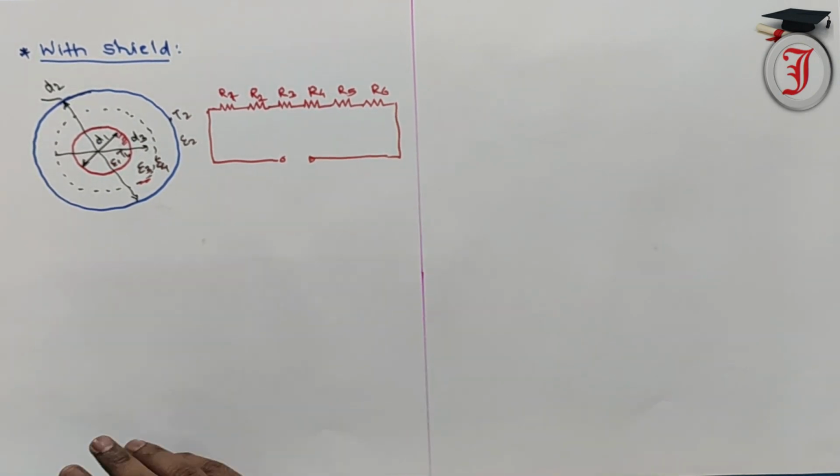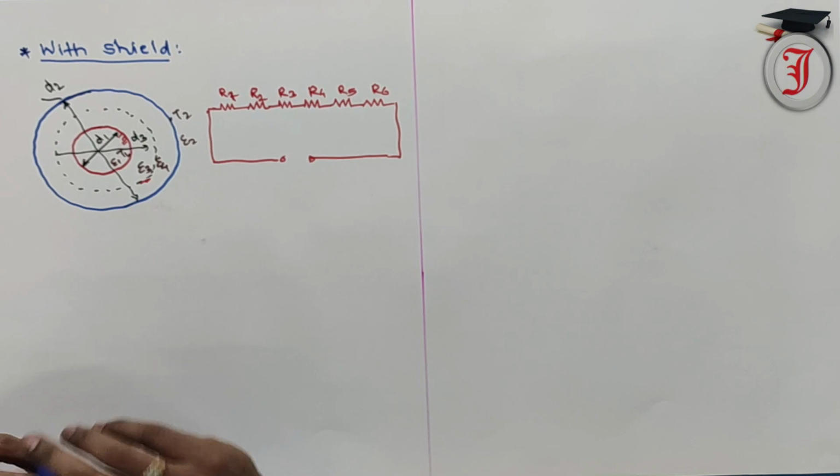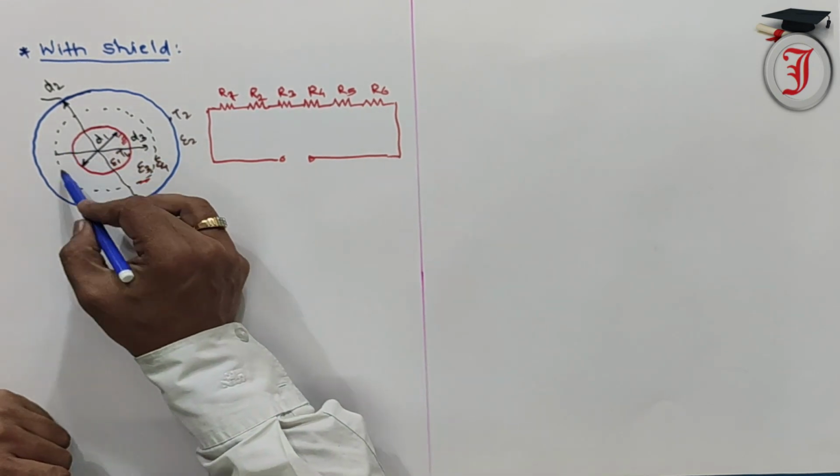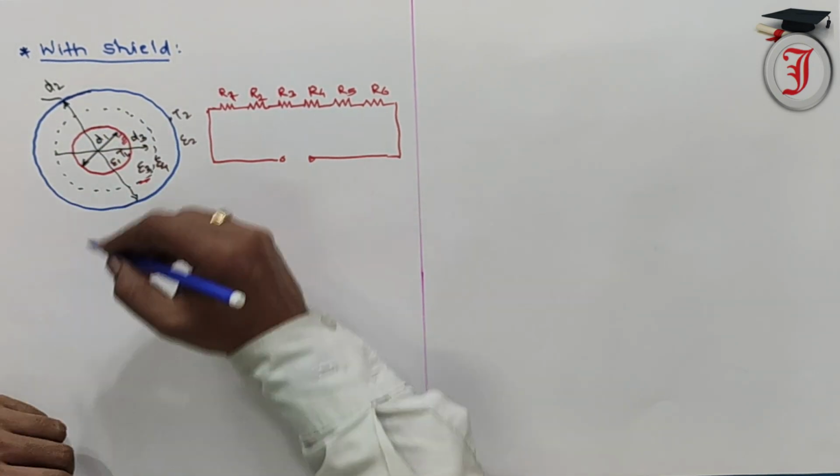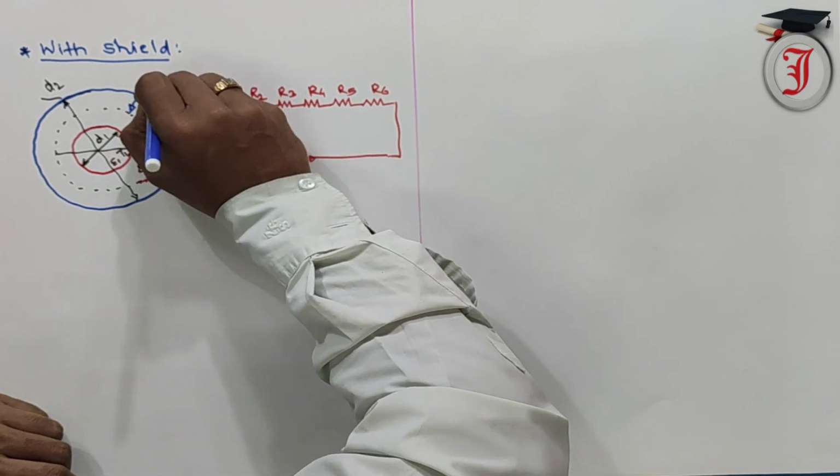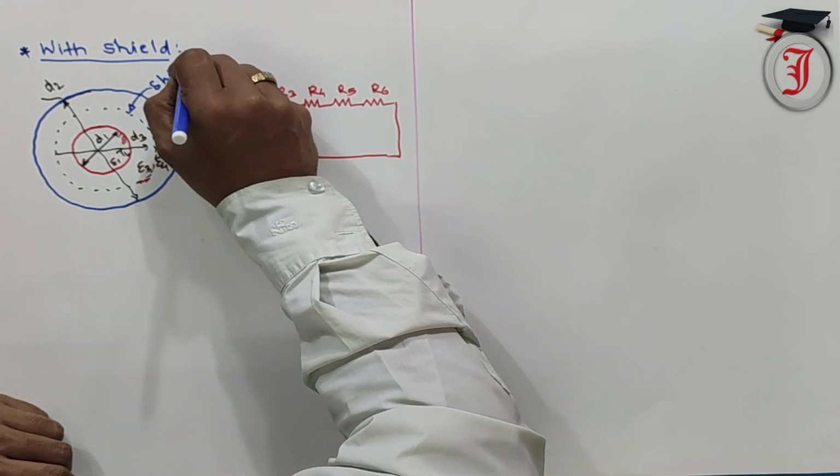So now let us calculate the rate of heat transfer. But before that, we have to calculate the surface area of the radiation shield. So this is the radiation shield.